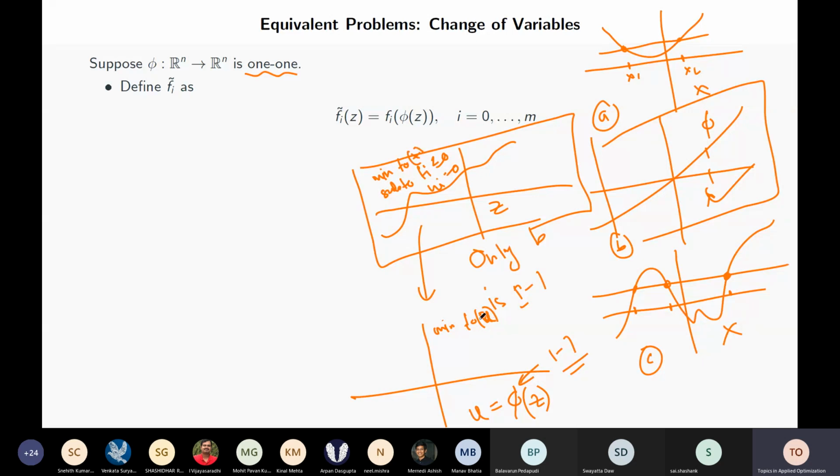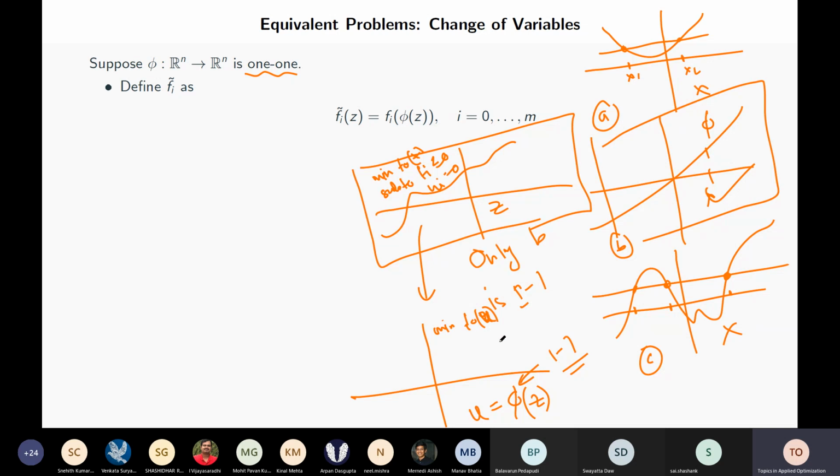If you transform your problem in a way where you can identify the variable as phi of z, where phi is 1, 1, then the minimization you obtain here will correspond to the minimization you obtain here, or the optimal point will be the same. That's what this result is saying.